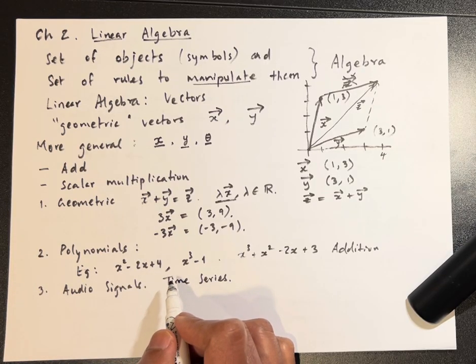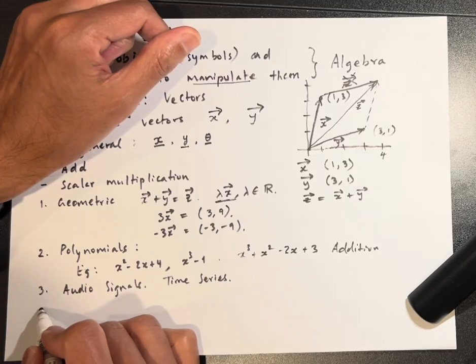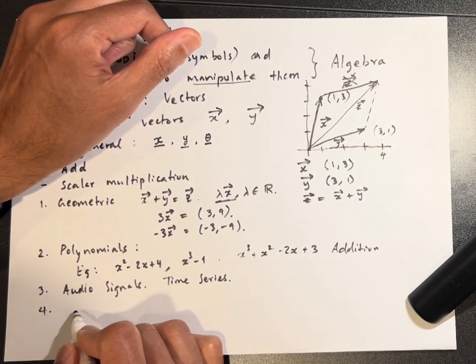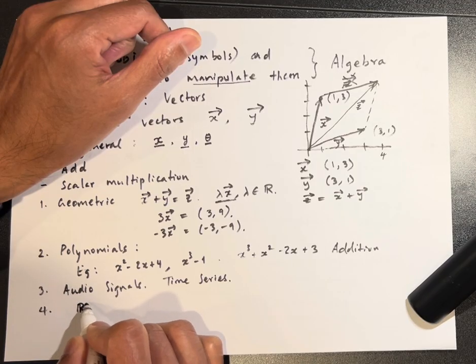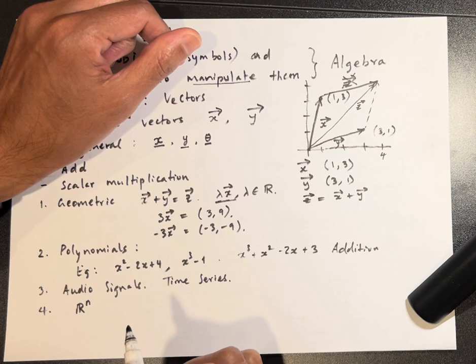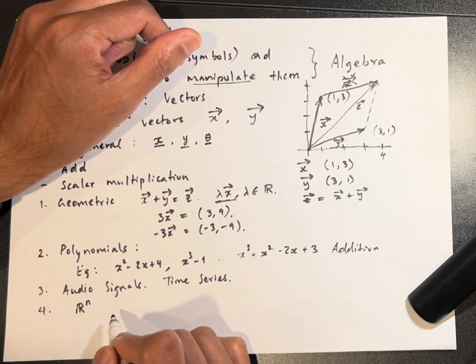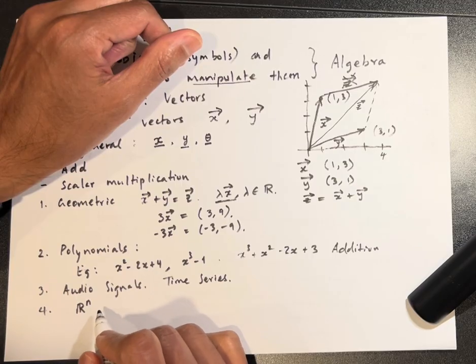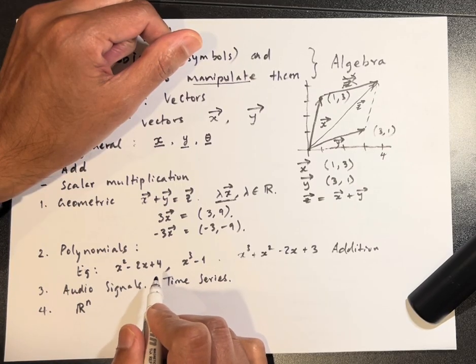And then the last one is more abstract than anything else, basically this space Rn. So Rn is n-dimensional, or n-tuples of real numbers. Tuple meaning it's an ordered set of n numbers. It is more abstract than polynomials, and it is the concept we focus on in this book.